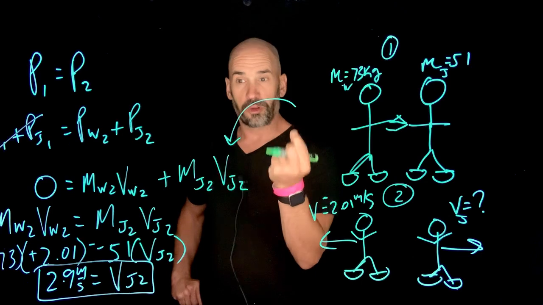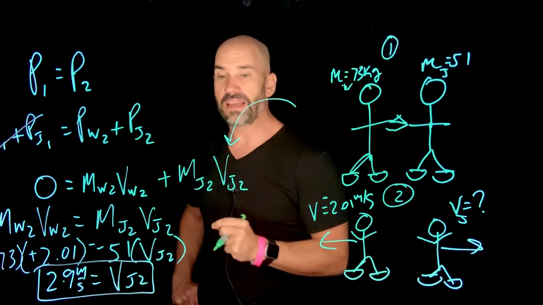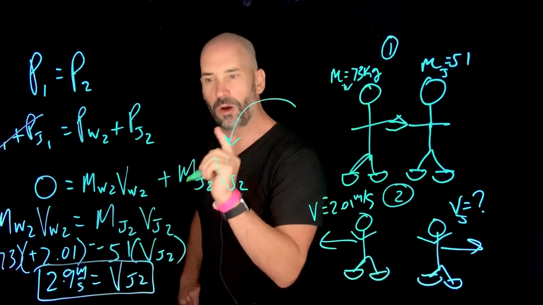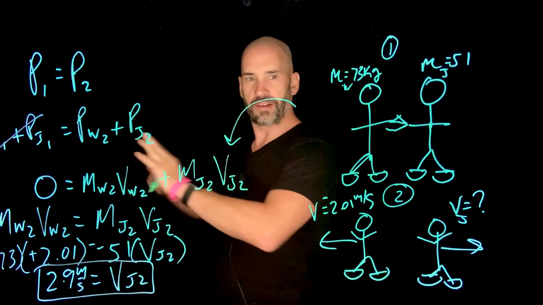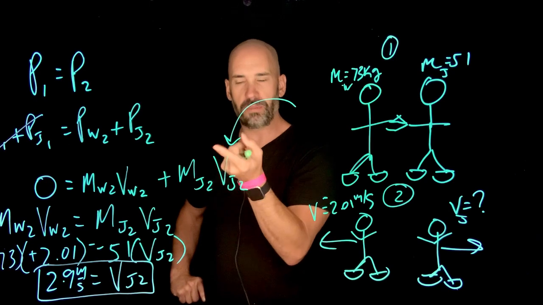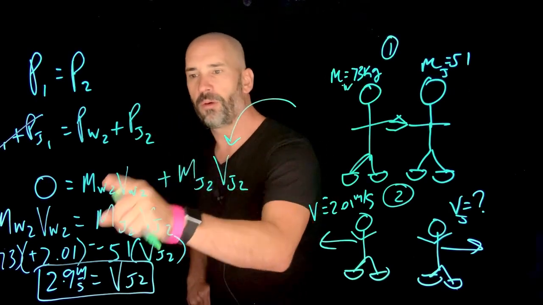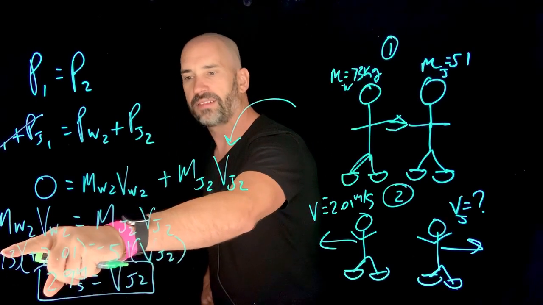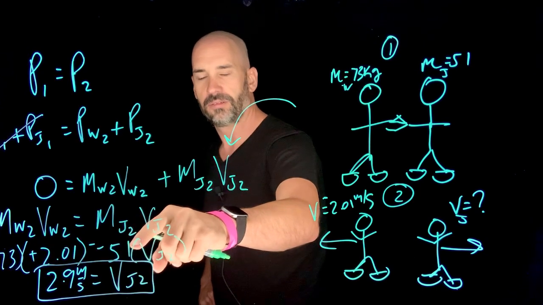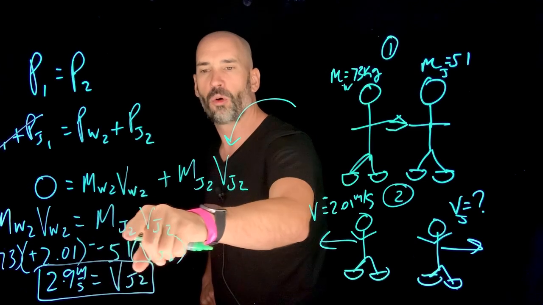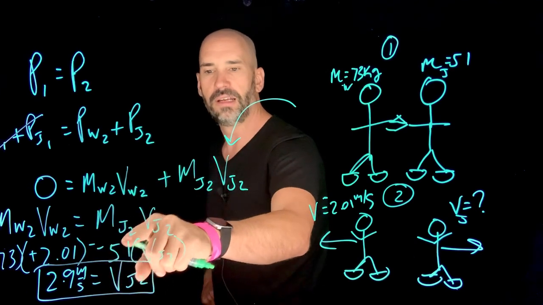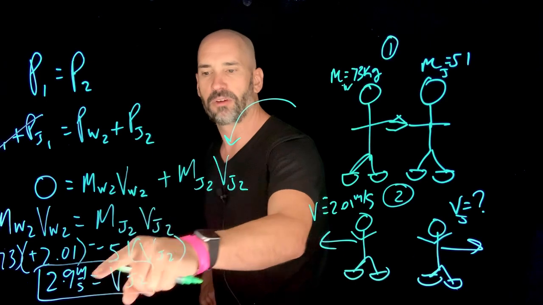All right. As we should do with most problems, the first thing we should do is ask, does this make sense? And here's the thing. We know it's a little bit bigger than Will Ferrell's speed when he pushes off. Does that make sense? Should it be bigger? We notice that Will Ferrell has more mass than Jon Heder. So in order for the momentums to be equal, the guy with the lower mass must have a greater velocity.